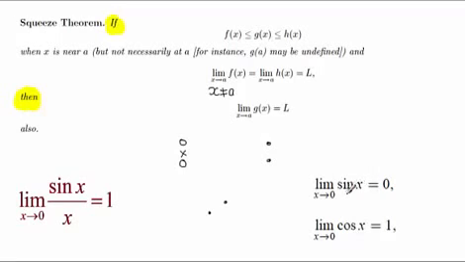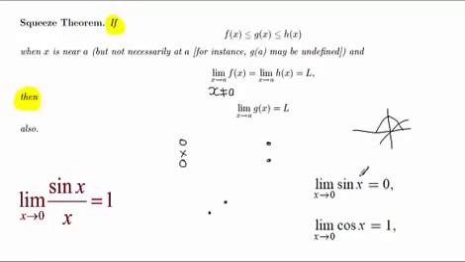Recall that sine is a continuous function around the origin, and cosine goes this way.